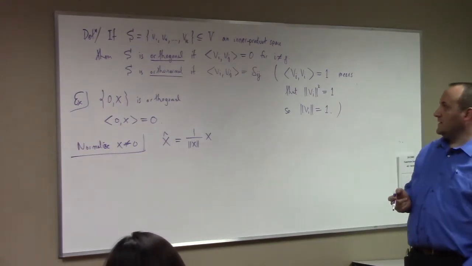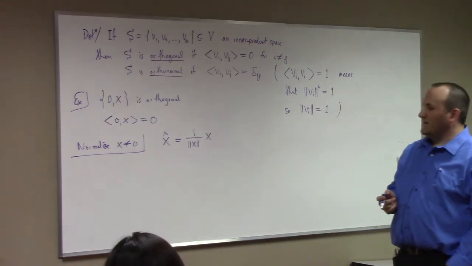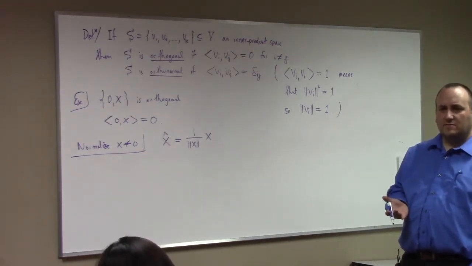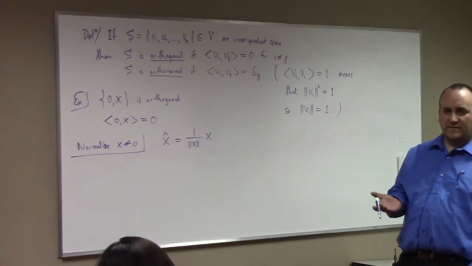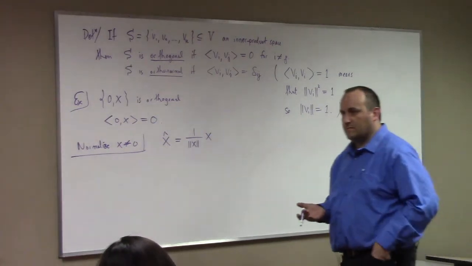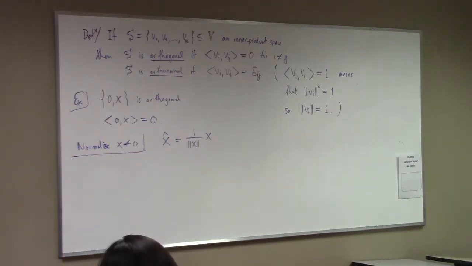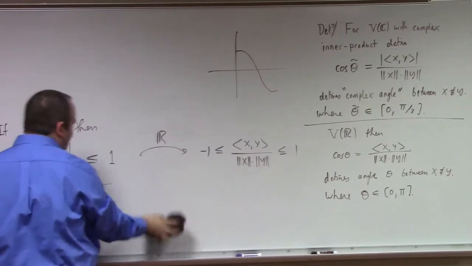So orthogonality doesn't by itself imply linear independence, because a set containing 0 is certainly not linearly independent. But you don't have to say much more.